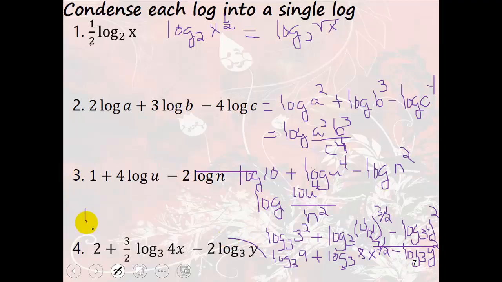It's going to be log base 3. 9 times 8 is 72. X to the 3/2 over y squared. And again with that stinky old line. Okay, there's the final answer for that one.